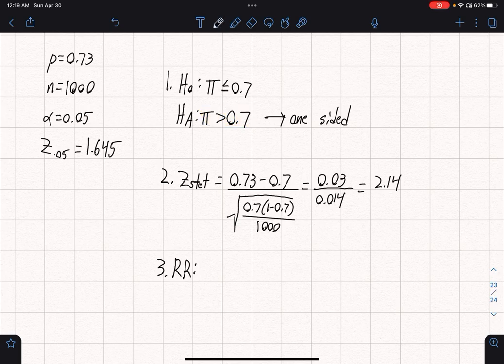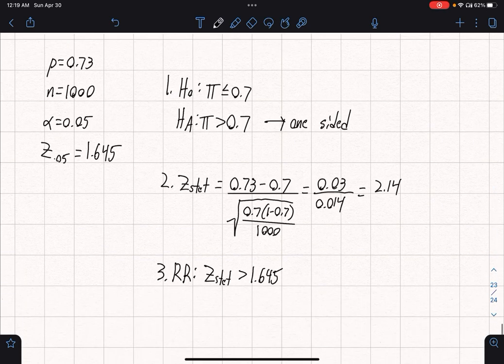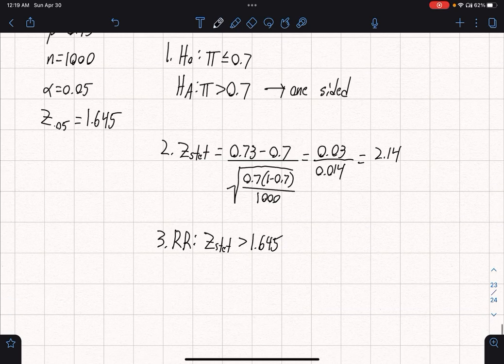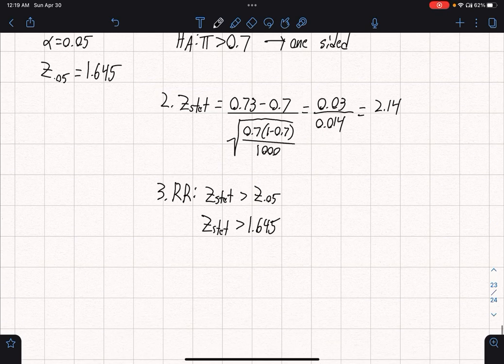So our rejection region will be z-stat greater than 1.645, because this was greater than, and if this is greater than, this is positive. It's either greater than a positive or less than a negative. Right, this was z-stat bigger than z.05.